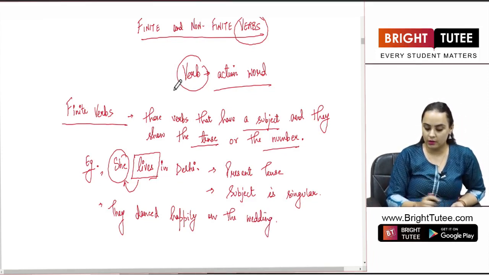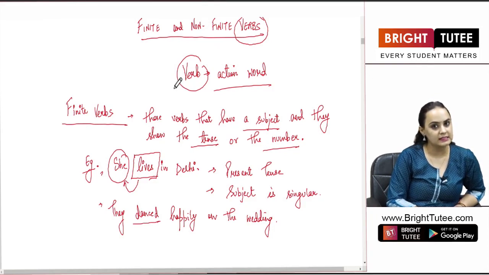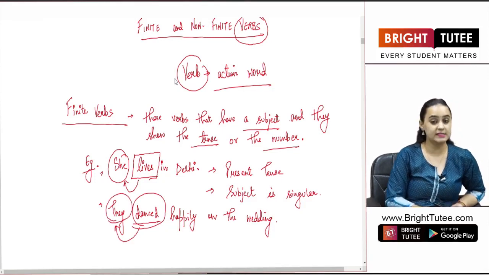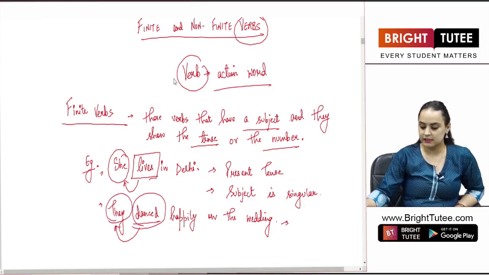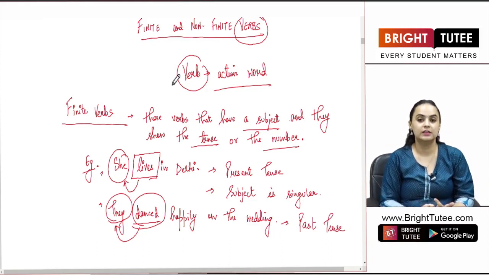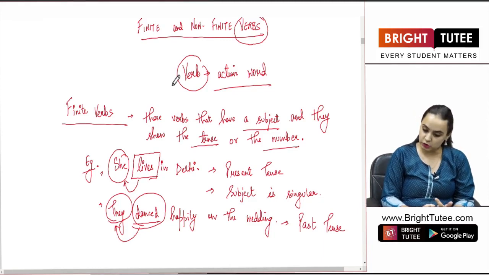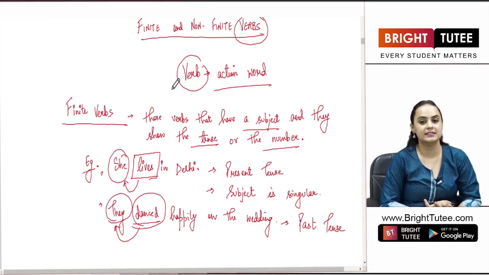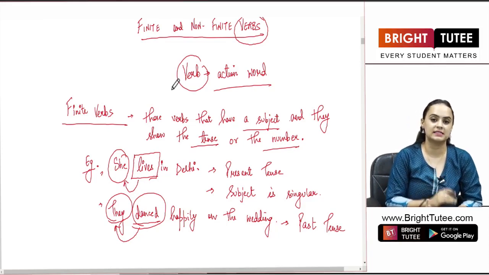What is my verb in this sentence? Danced. For whom is this word danced used? My subject, which is they. And what is the tense of this sentence? It is the past tense. So the verb danced has been used to talk about the subject. It has a subject of its own and it is representing the past tense of the sentence as well.